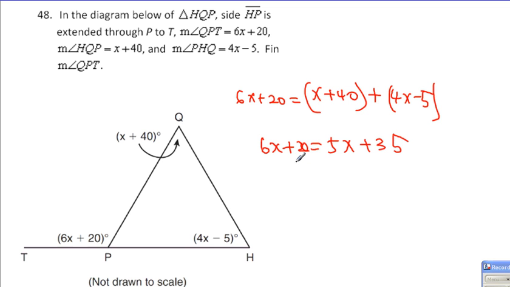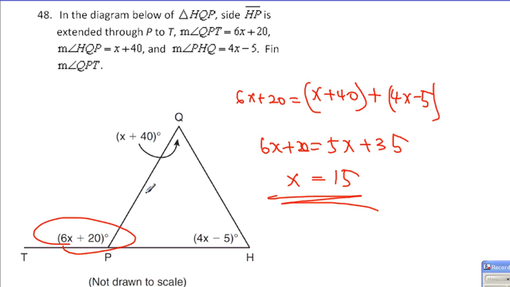When you subtract 20 from each side and 5x from both sides, x will be simply equal to 15. Now, find the angle QPT, which is this angle. It is then simply 6 times 15 plus 20. Now here we have 110 becomes our answer.